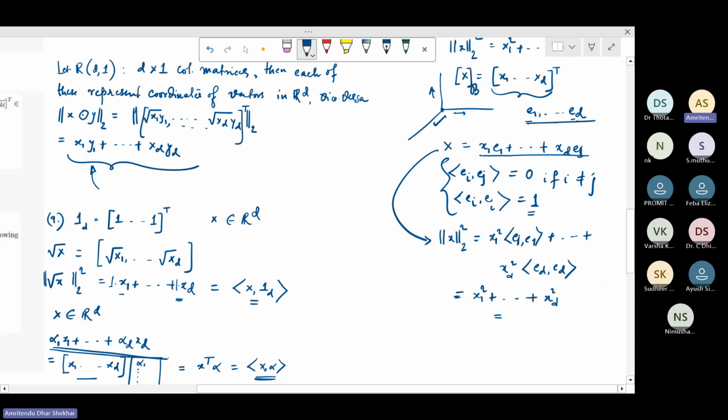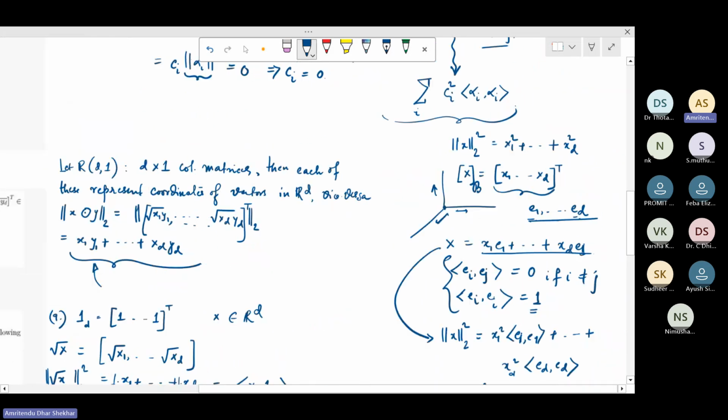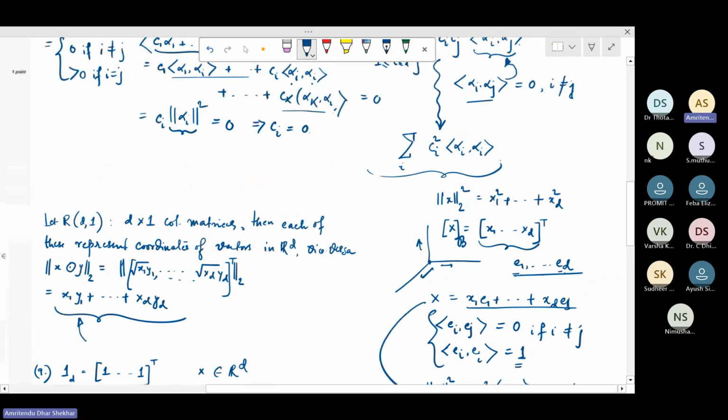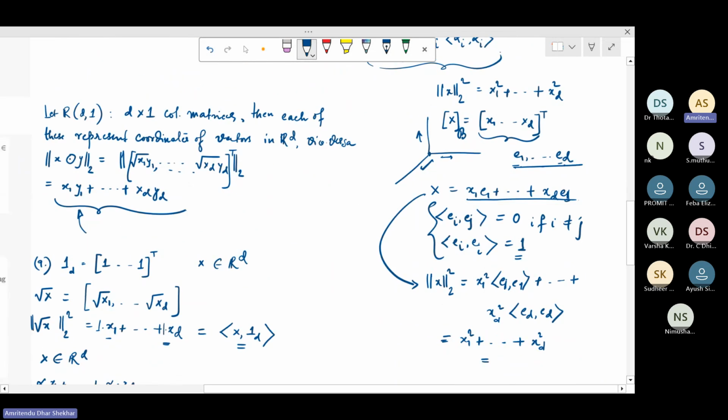So the standard norm that we have on the Euclidean space is actually coming from this identity.